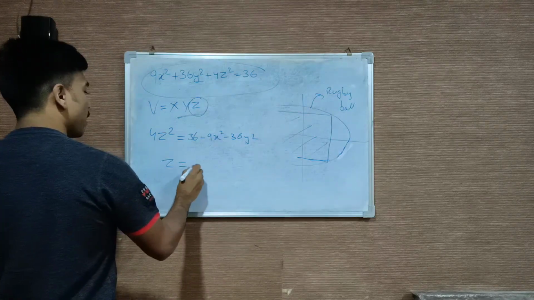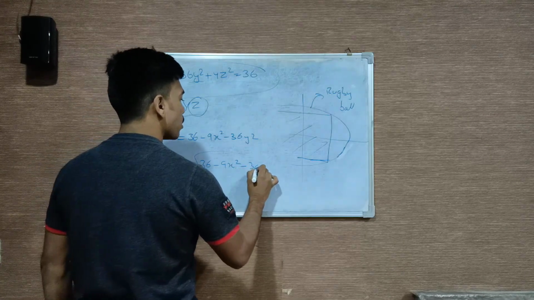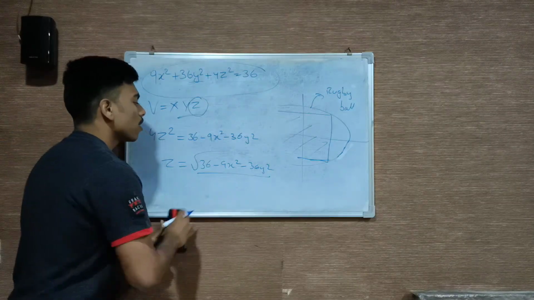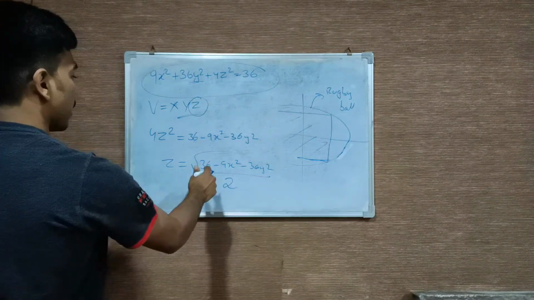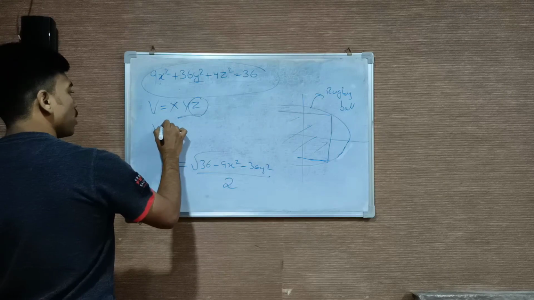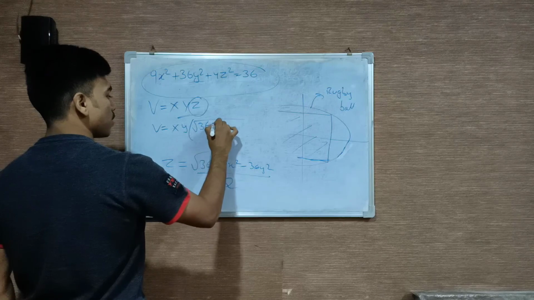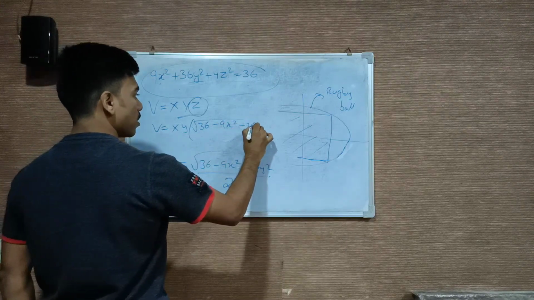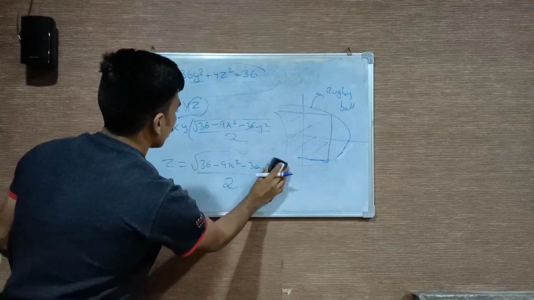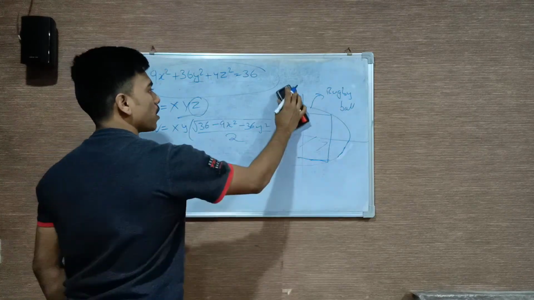Finally we get z is equal to square root of 36 minus 9x square minus 36y square, whole divided by 2. Now we substitute this z in the formula, so V is equal to xy times square root of 36 minus 9x square minus 36y square by 2. This is our formula for the volume.